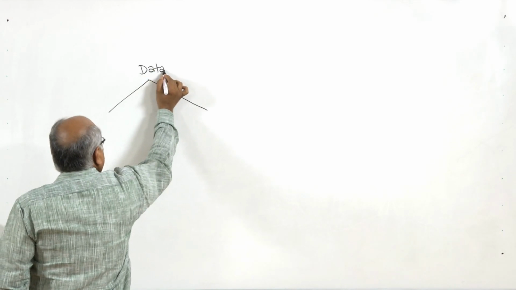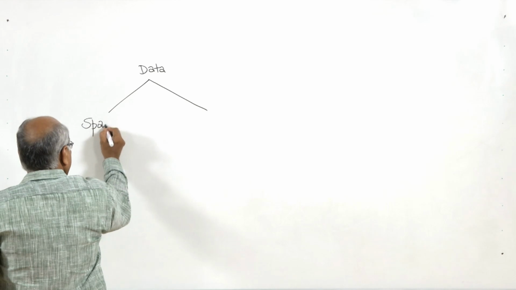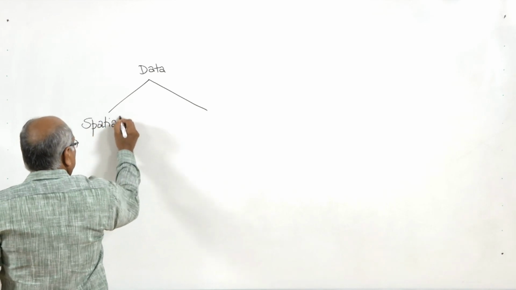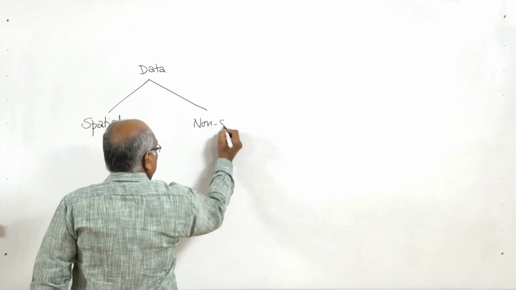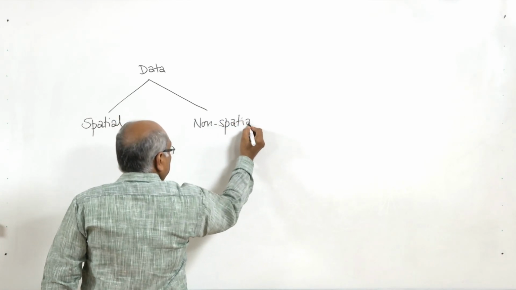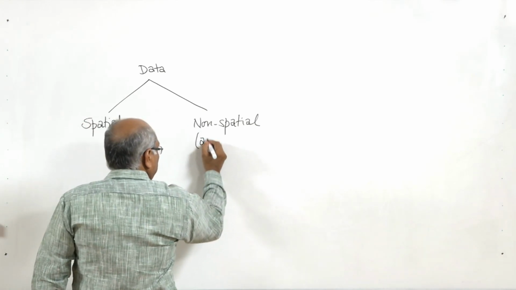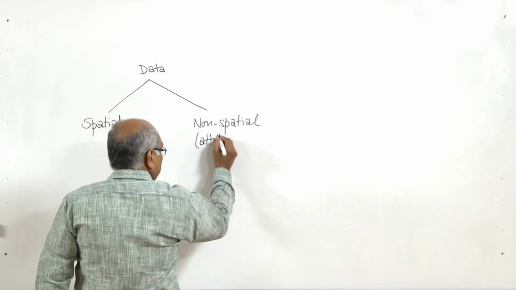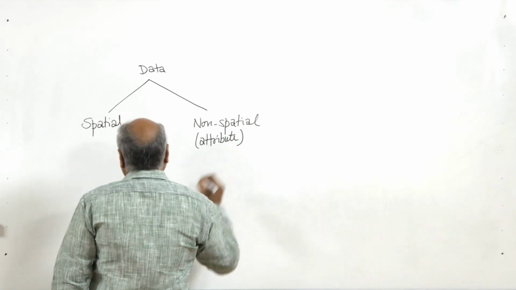We say this is spatial data, and then we come to the non-spatial data, which is our attribute data as well. We can also write here attribute data, or in simple terms we also say tabular data.